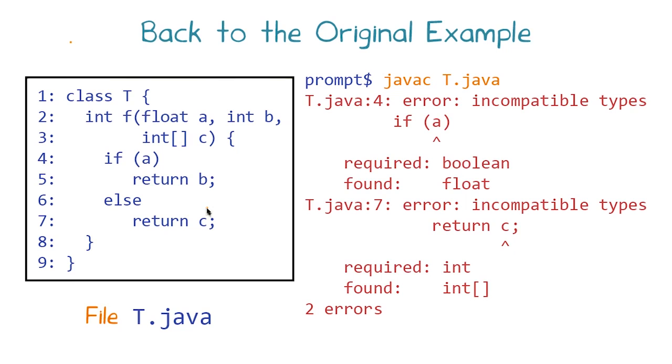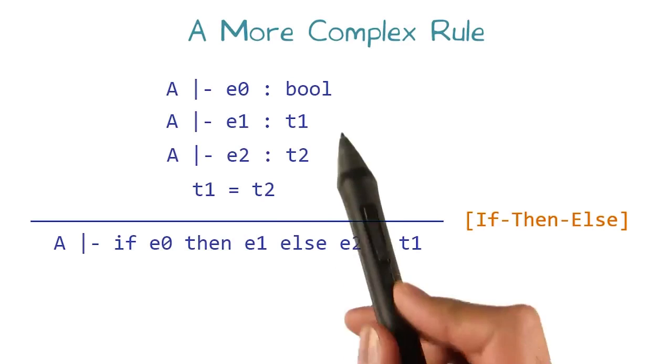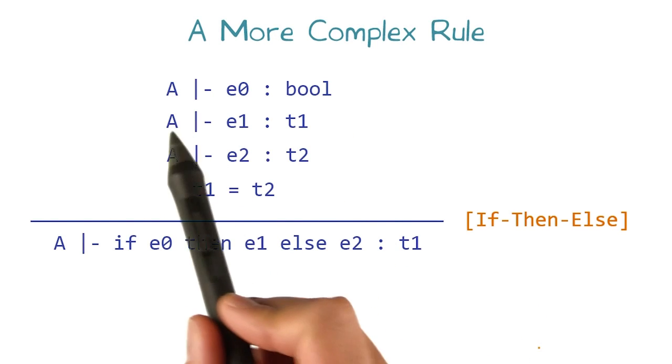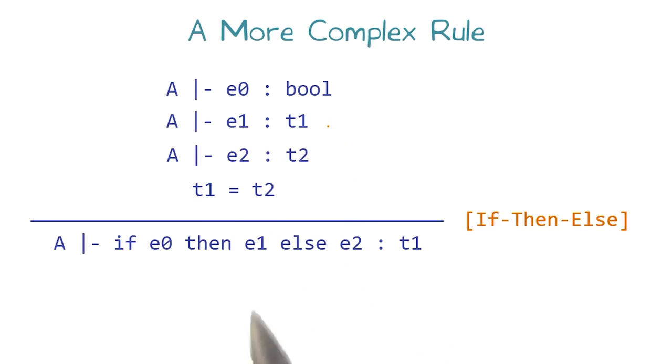We'll need to add a new inference rule schema to check that if-then-else statements are correctly typed. The rule we'll add, which we'll call if-then-else, has 4 hypotheses. If under the environment A, it is provable that E0 has type bool, E1 has type T1, E2 has type T2, and T1 and T2 are equal, then it is provable that the expression if E0 then E1 else E2 has the type T1.